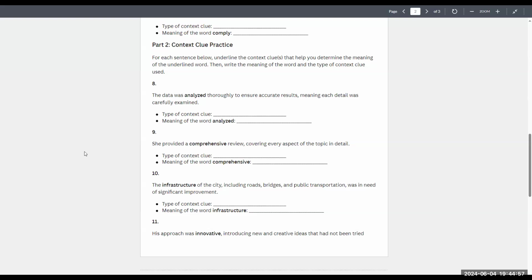What kind of a context clue is this? Are they saying the same thing over again, which would be a restatement? Are they giving a definition? Are they a list? Are they examples? What do you think? Comparison? It's not necessarily a comparison. It is a restatement, okay, because they say it again.